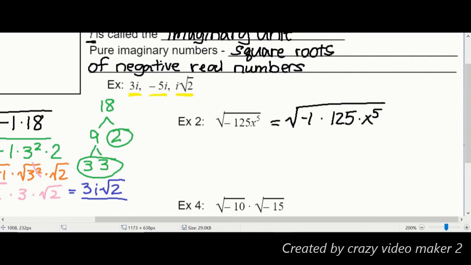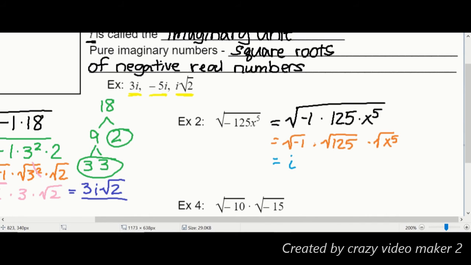So then with this example here, we can still split it up and say we have our square root of -1 times the square root of 125 times the square root of x to the 5th. So then what this is basically doing is it's saying, okay, we have this -1 here. We already know that that is going to be equal to i.